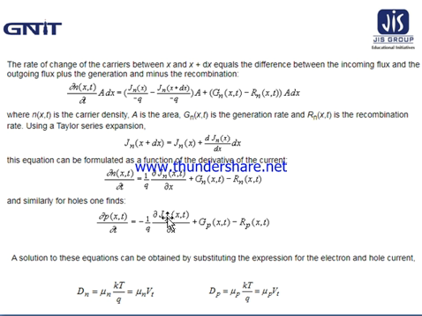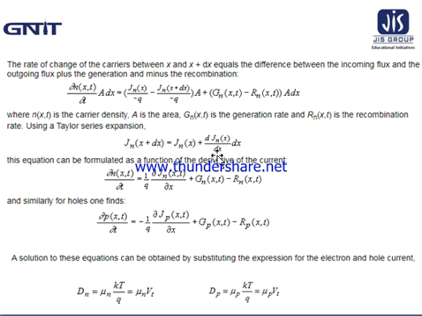Now if we represent it like that, then it will be written as del n(x,t) by del t equals 1 by q del Jn(x,t) by del x plus Gn(x,t) minus Rn(x,t). Here we are using the derivative of the current.